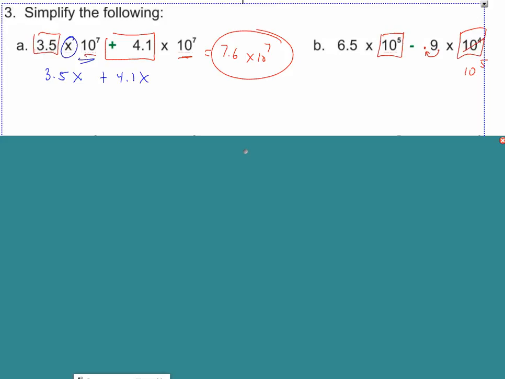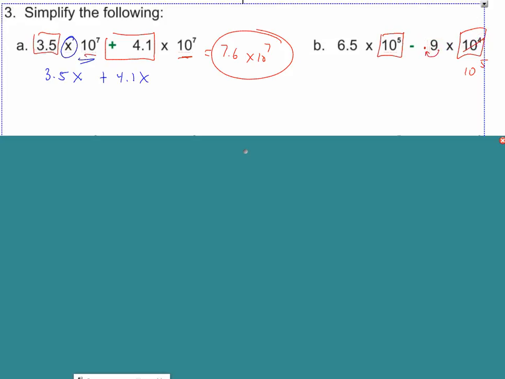If you increase the exponent, you must decrease the number out in front by the same amount of places. If I were going to increase the exponent by 2 places, I'd have to move the decimal point 2 places to the left. It's just that simple. And so they go opposite directions.